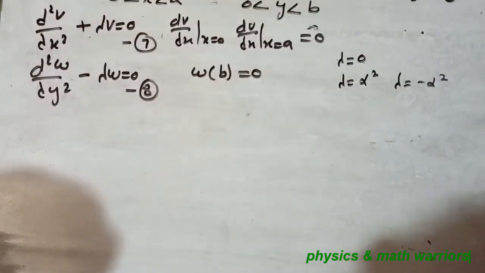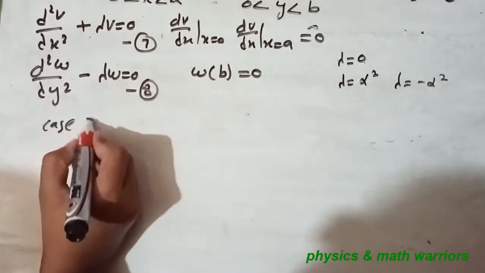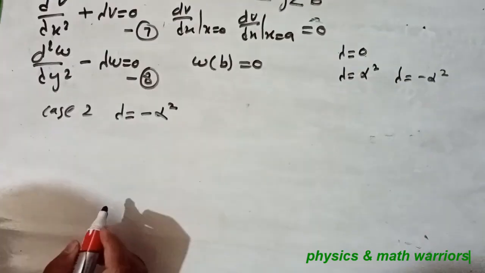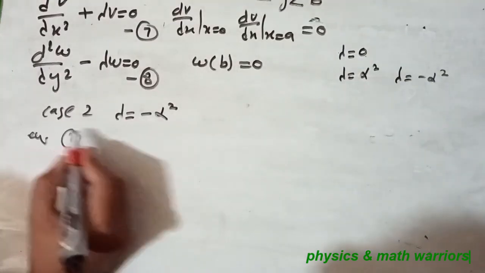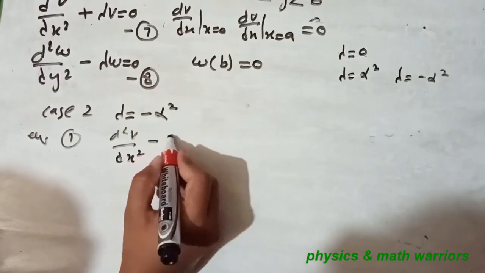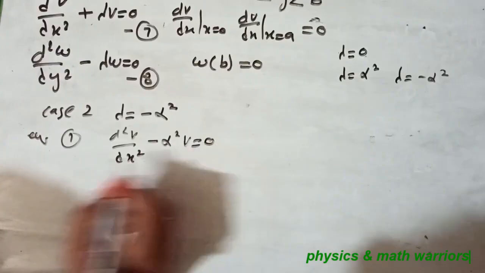Now we will discuss the second case, when lambda is equal to minus alpha square. So equation 7 becomes d square v over dx square minus alpha square v is equal to 0.